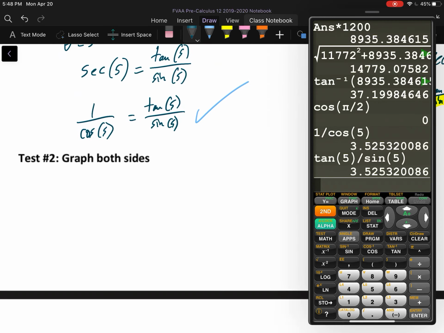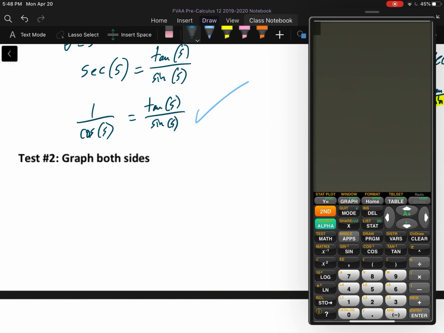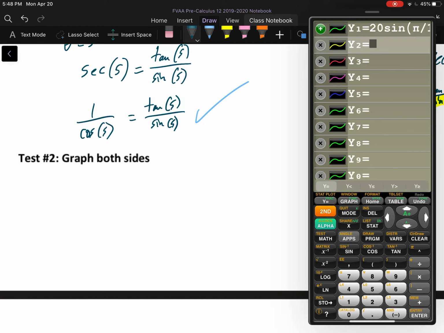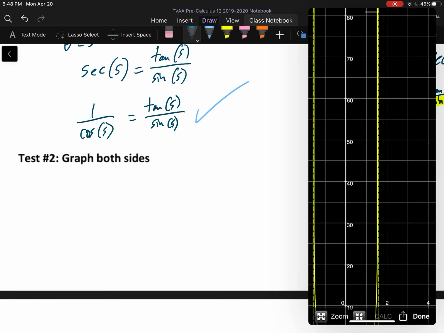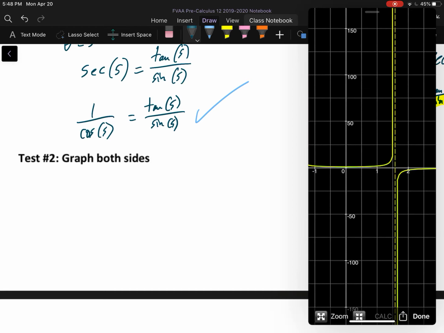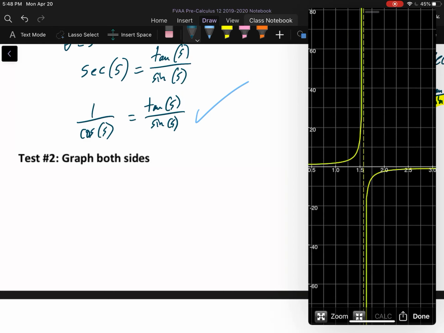We can also graph these two sides of the equation and see if they're equal to each other. On one side I have 1 divided by cos x. The other one I have tan x divided by sine x. And I graph both sides. And sure enough, I just get one line.